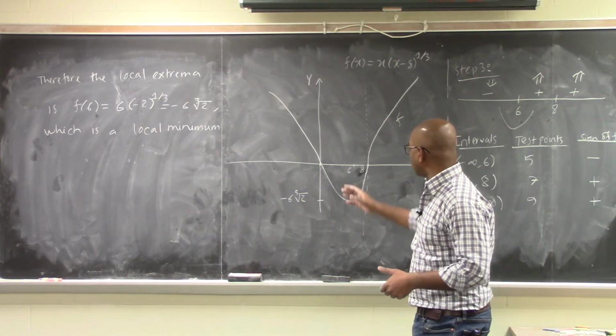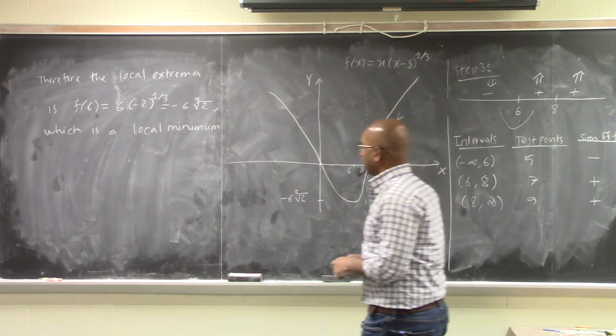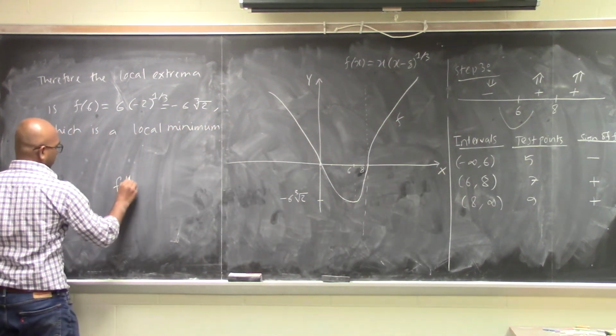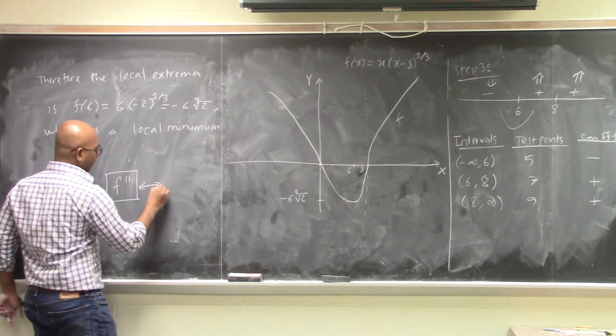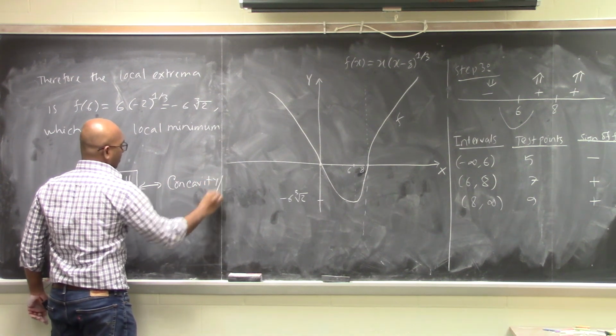Anyway, so you see from here we need more information, and what we need is the behavior of the second derivative of a function, and that relates to a geometric fact which is called concavity or convexity.